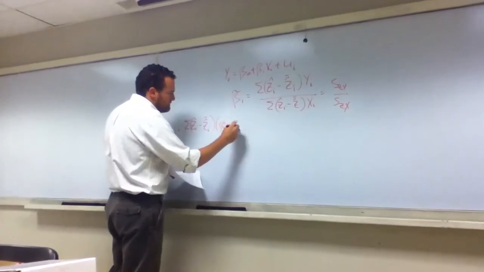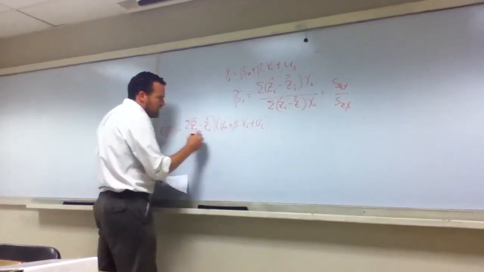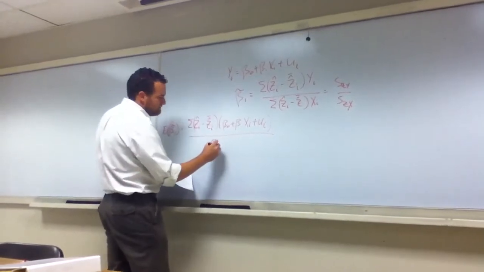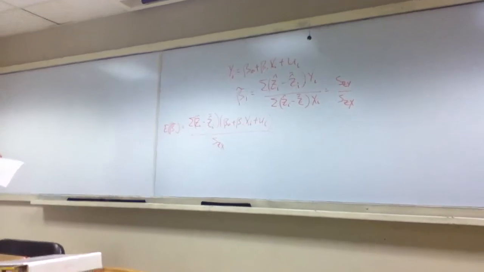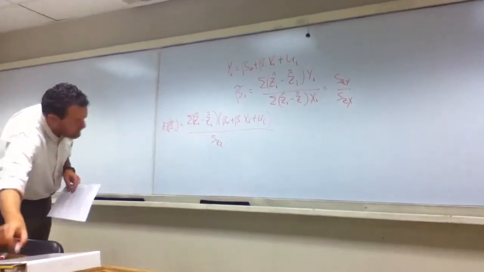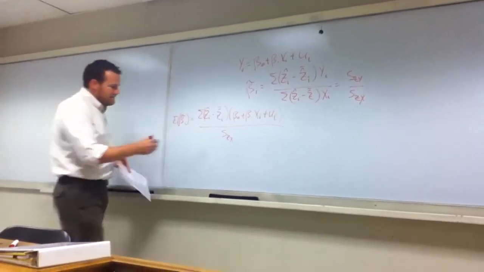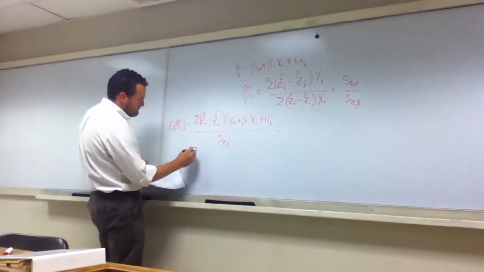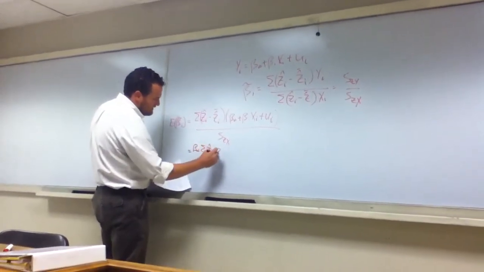Beta 0 plus beta 1. Okay, so that's our true model. I'm just going to leave the bottom the way it is. And the same things kind of happen. We have this beta 0 that we can split out.